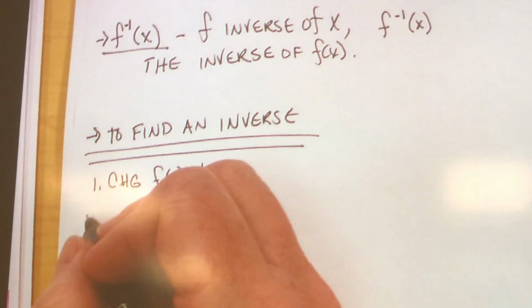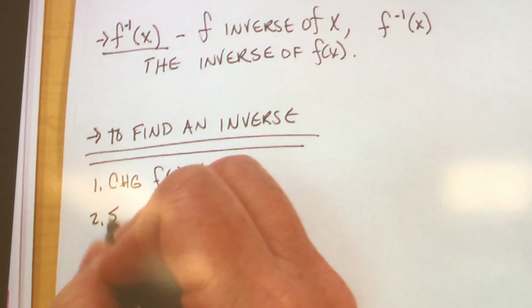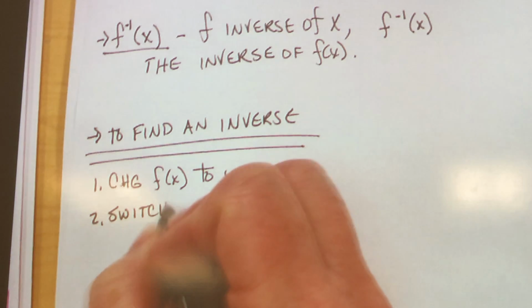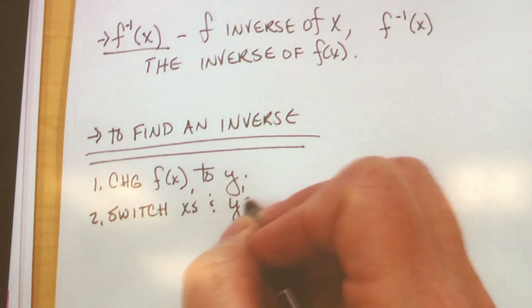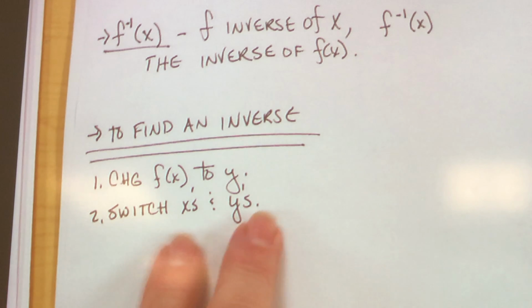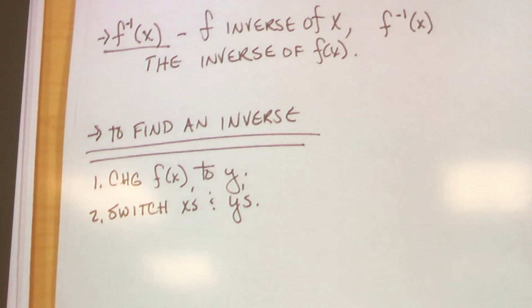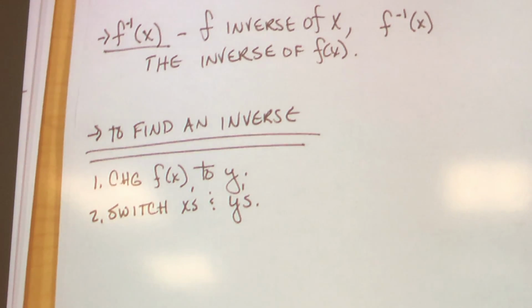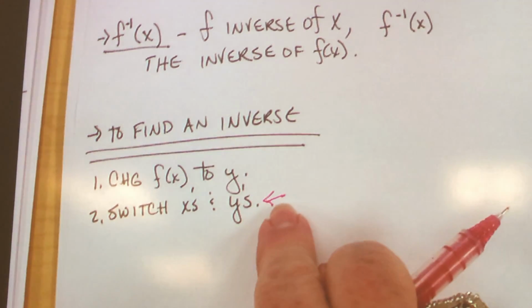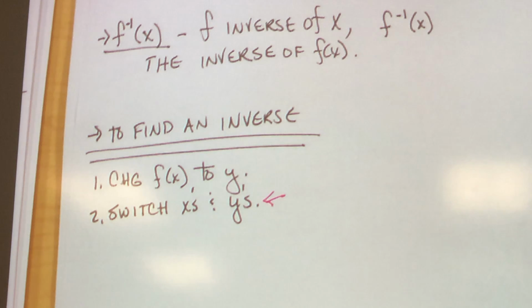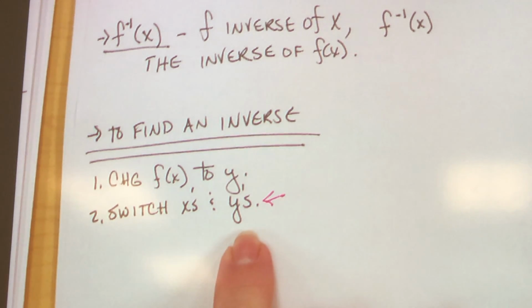And then the second thing you're gonna do is switch the x's and the y's. That's what creates an inverse, guys. When you switch the x's and the y's, that makes an inverse function. This is where I'm going to be a little snarky. This thing right here, don't just keep writing it. When I switched the x's and the y's, did I change the whole problem? Yes. So don't keep writing it down the page.